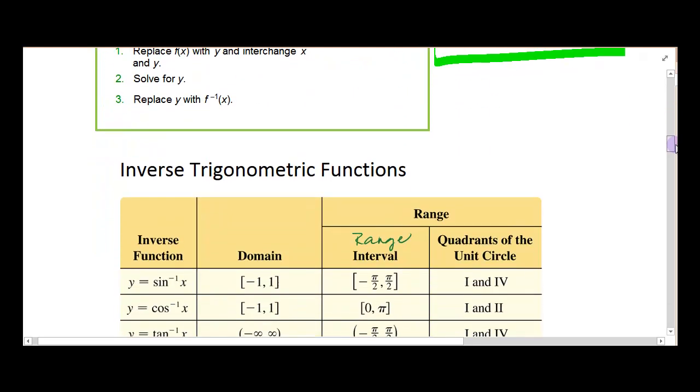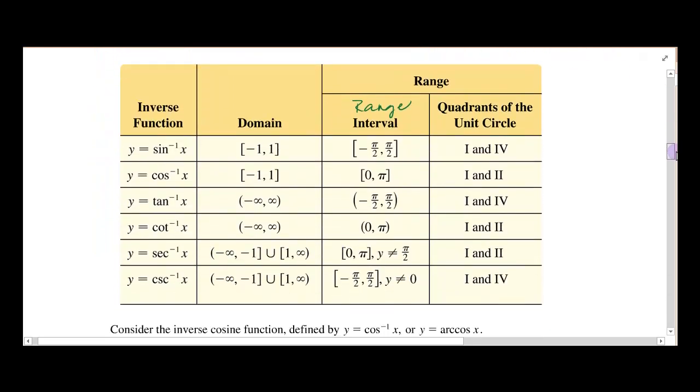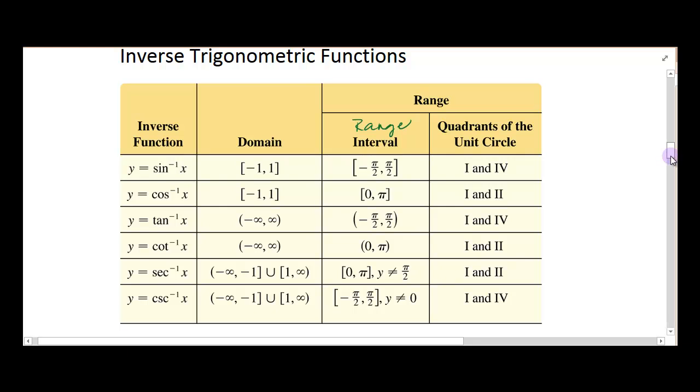Now, here I have a table of the inverse functions, and you can see it has all six of the trig functions that we've been dealing with. It gives the domain of each of the functions and their subsequent range. Now this is listed as the interval, but that is the range of the function that I'm going to be dealing with. And then if this is the range or the interval of my inverse function, then these are the quadrants that that inverse function lies in.